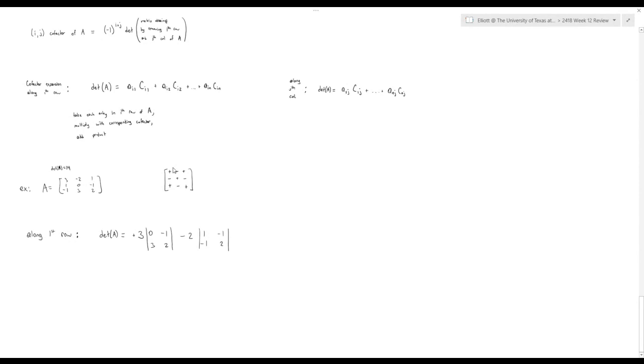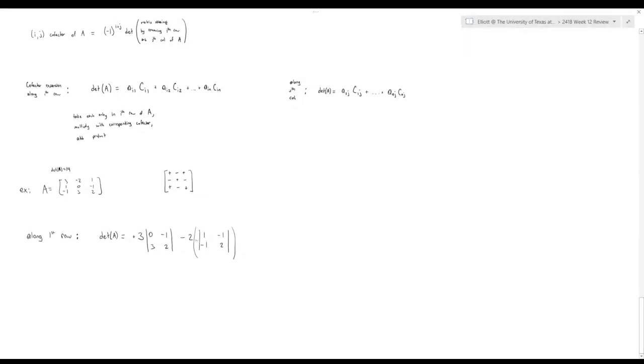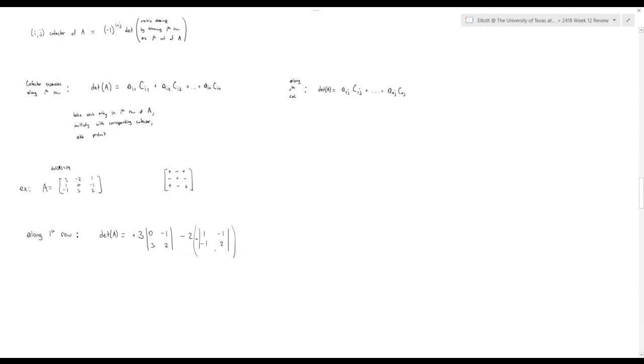That's right. So I'll write it here to emphasize, it's -2 from the matrix, and then times the negative of this determinant because the cofactor has a minus sign in it, okay? So it'll be a +2 in the end, okay?